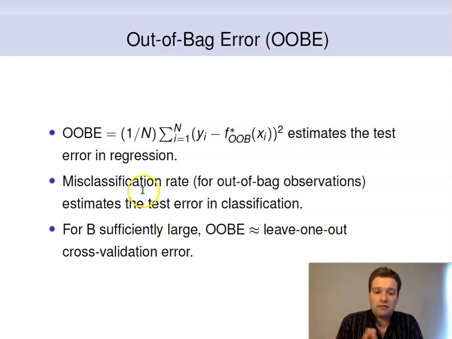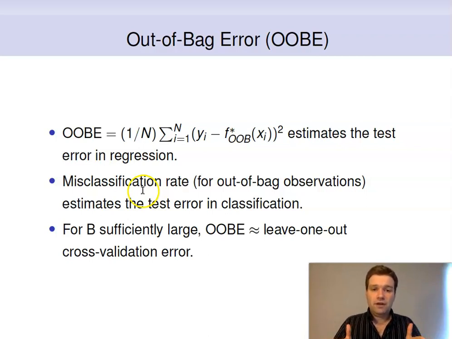For each data point we have a predicted class, and we just check if this class is correct or not. Thus we have a misclassification rate, the number of data points in the initial sample that are not correctly classified by the B minus i trees.